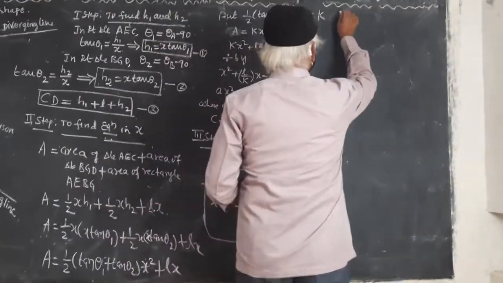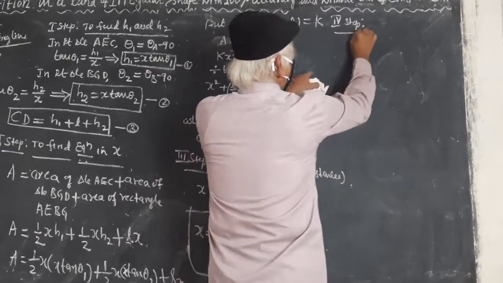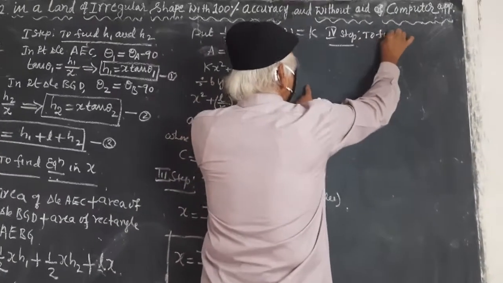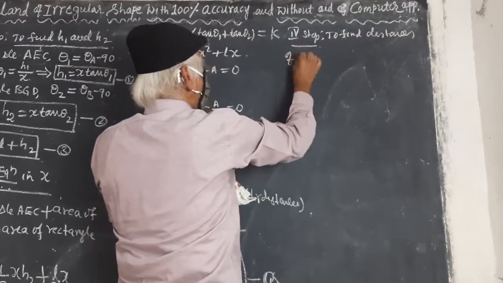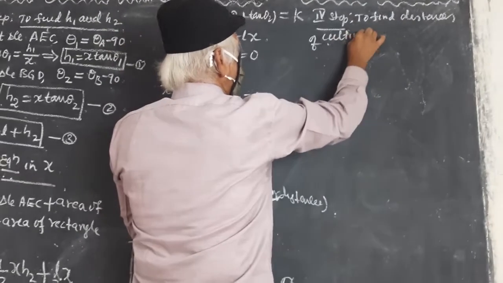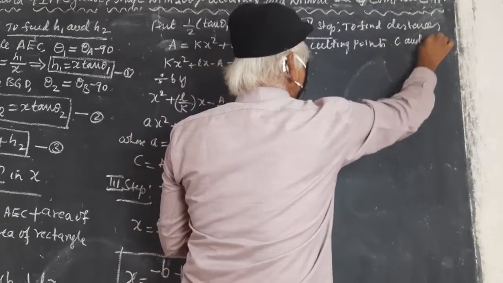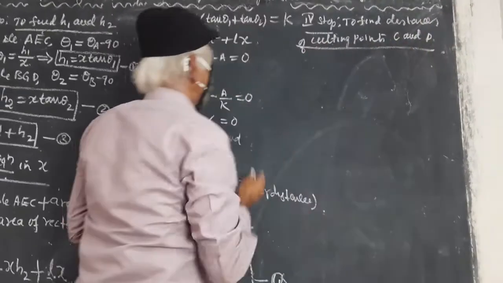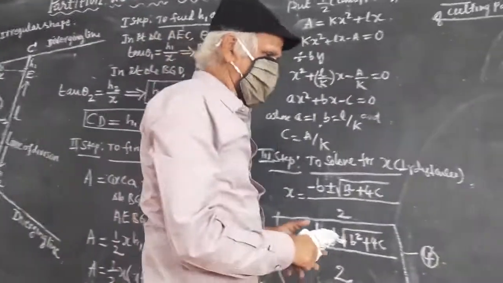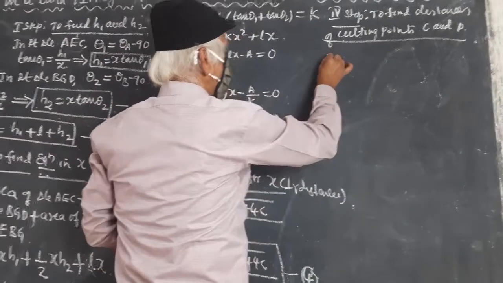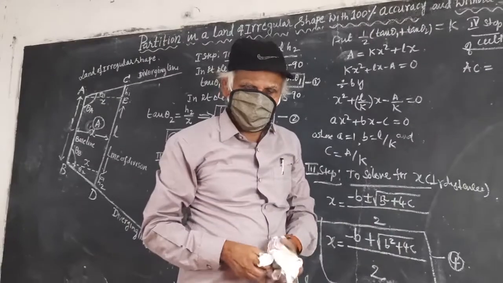So the next step, I suppose it is the fourth step, is to find the distances of the cutting points C and D. So we know in the upper right angle triangle, AC is the hypotenuse.